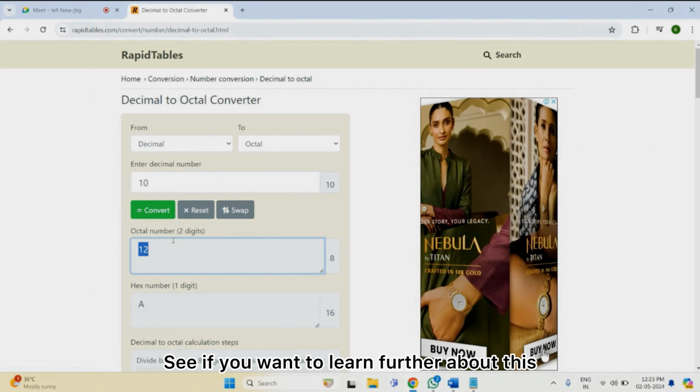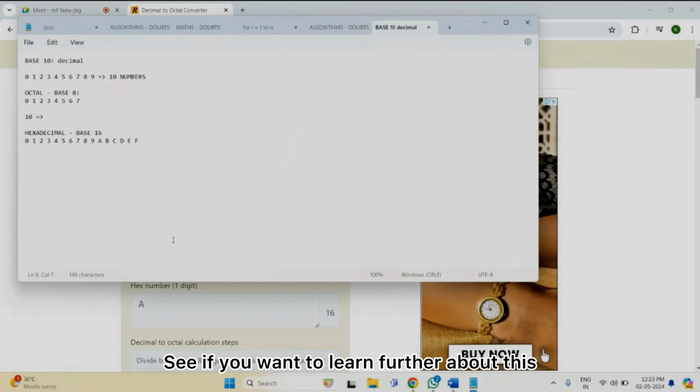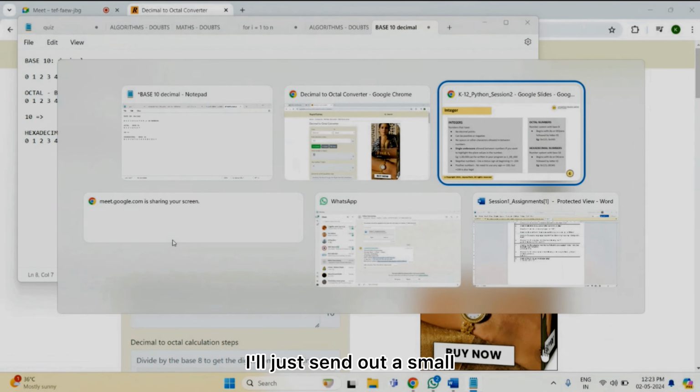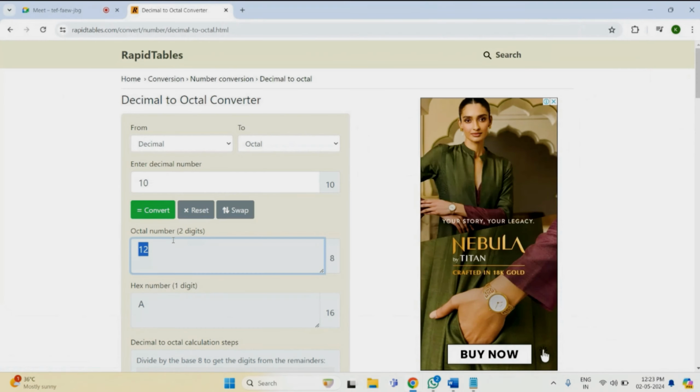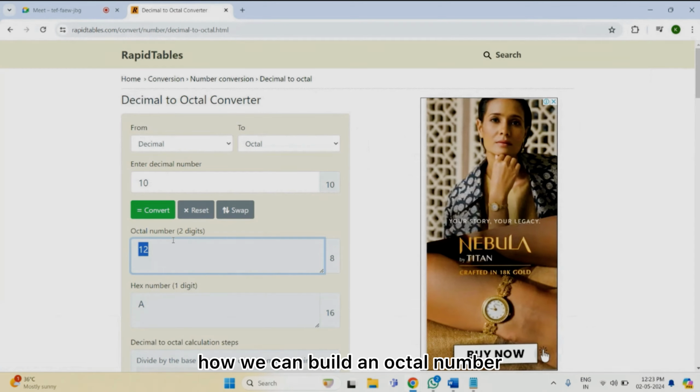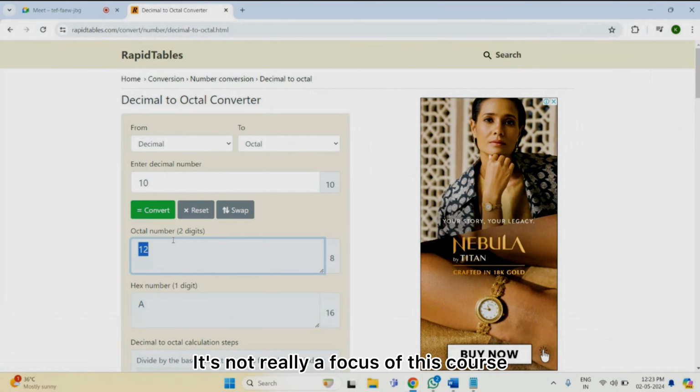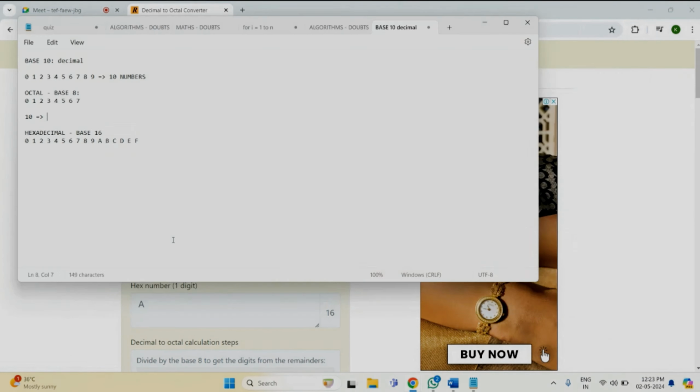If you want to learn further about this, I'll send out a small study material to you so that you can see how we can build an octal number. It's not really a focus of this course, but if you want to know, lots of resources are available on Google. I'll send over a document so that you can understand easily.